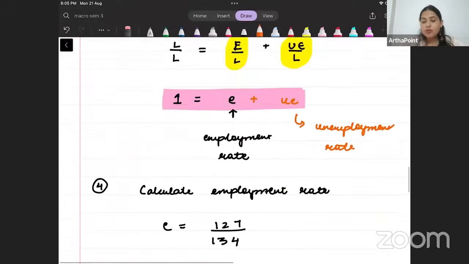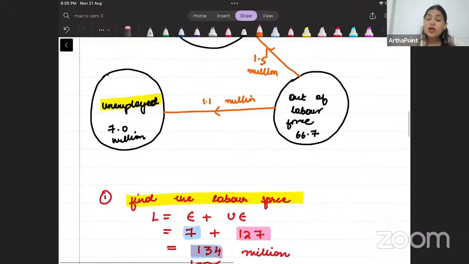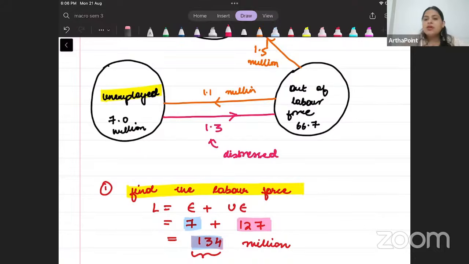So until now I was looking for a job, but now I think it's too much. I don't want to look out for a job anymore. Because I've stopped looking for a job, I'm not searching anymore. I don't want to work. I will go out of labor force. Now nobody will call me unemployed. Now I will be considered outside the labor force. So every year, some people become distressed and they stop looking out for a job altogether. So they become out of labor force.